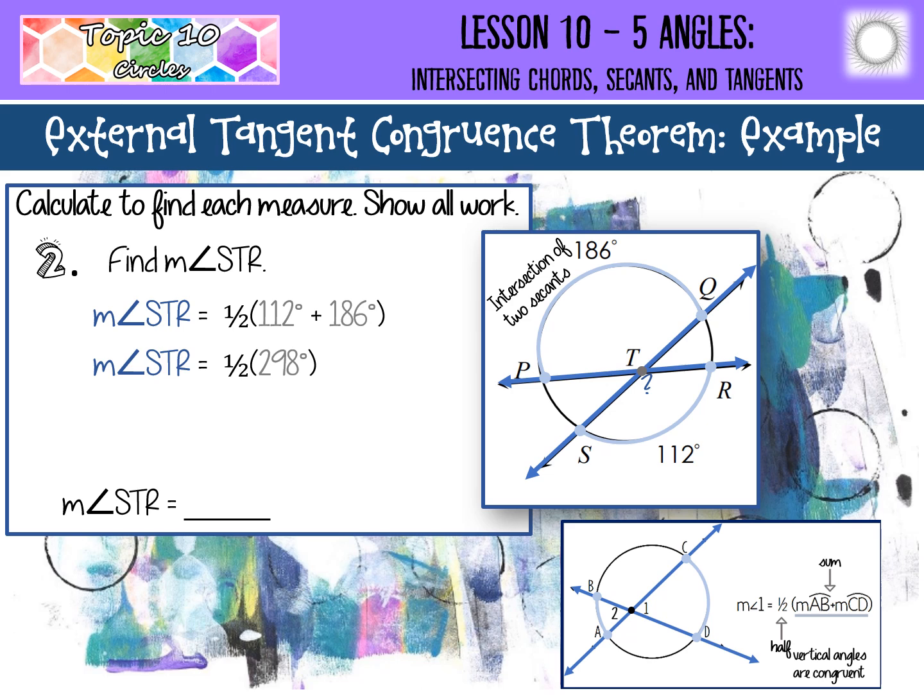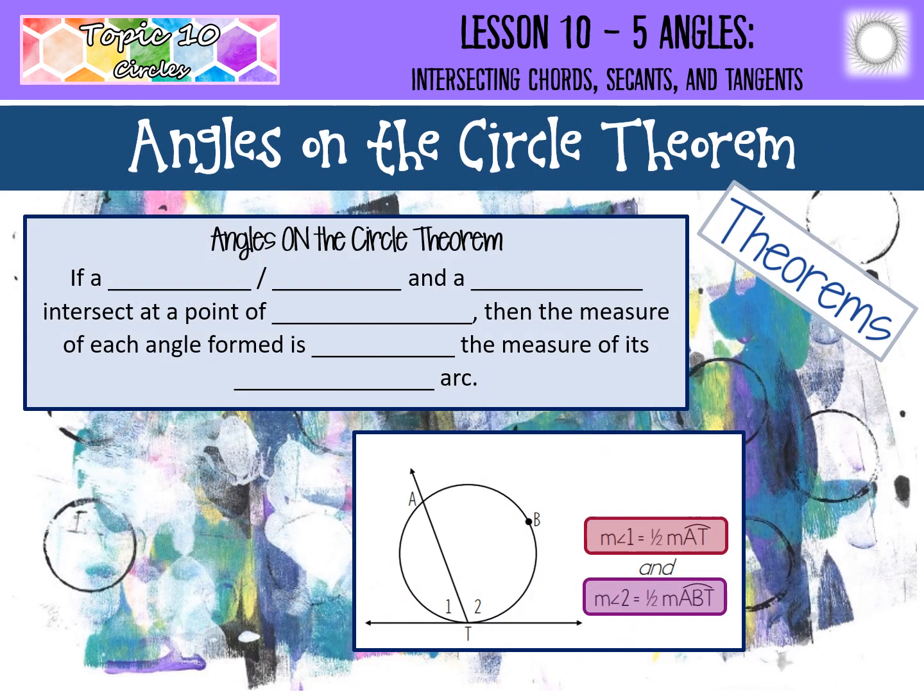So the measure of angle STR is 1/2 their sum, the 112 and the 186. If you add 112 and 186 together, you get 298. 1/2 of that is 149 degrees. So the measure of angle STR is 149 degrees.